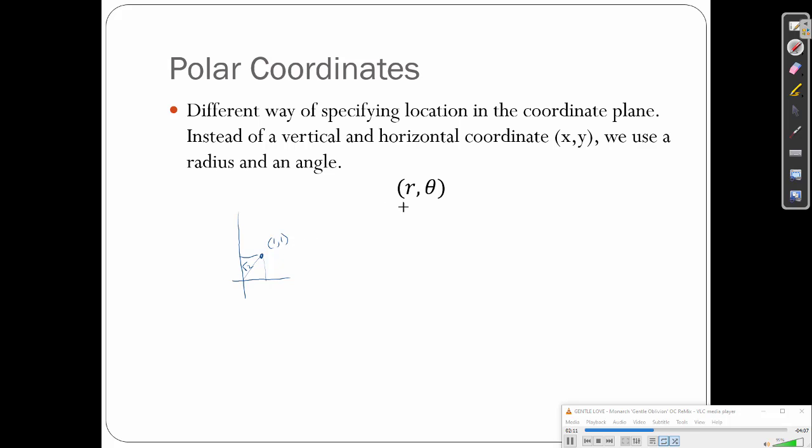Well, the polar point would be the radius, square root of 2, and the angle from the natural position of the x-axis, which would be a 45-degree angle, or it's always given in radians, so it would be pi over 4.